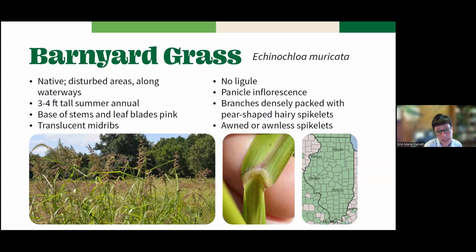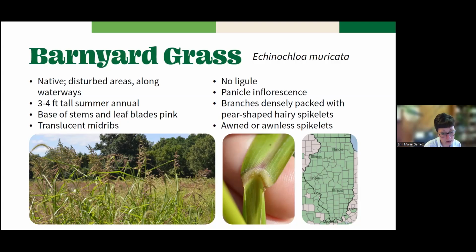But in a lot of other cases, it's weedy, and I put it here because this has been one of the weeds that has come up in the compost that I got this year. So I am dealing with a lot of barnyard grass coming up in my gardens. So native grass, but found in a lot of disturbed areas, along waterways, and wetter areas.